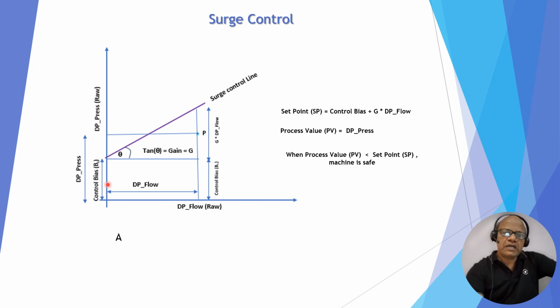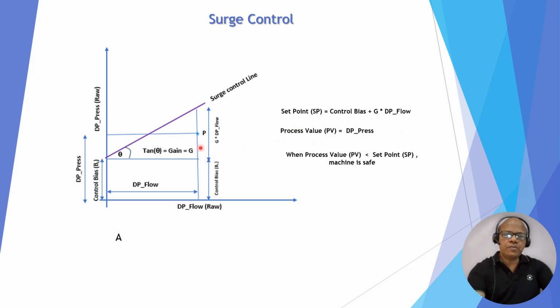And the control bias BC is already there. So we have the set point, which is control bias plus G into dp flow. So this is the set point.